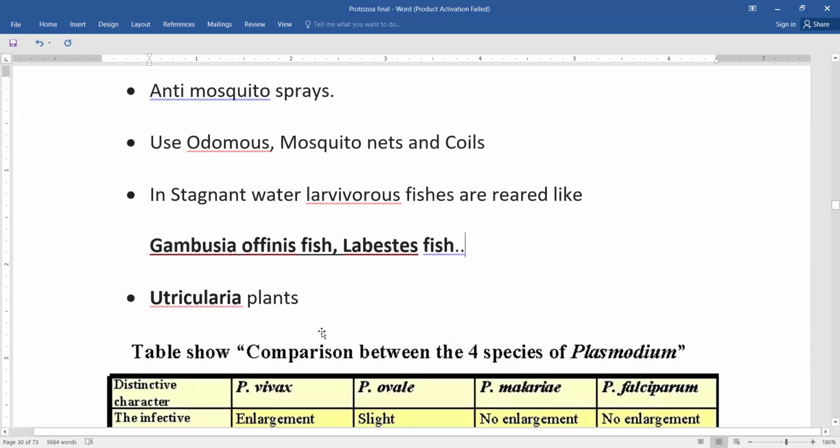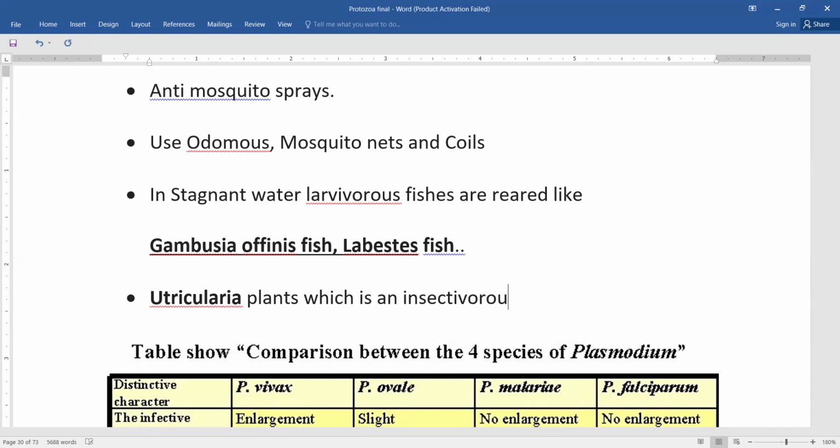And also we can grow plants like Utricularia, which is an insectivorous plant. It also eats the mosquito larvae.